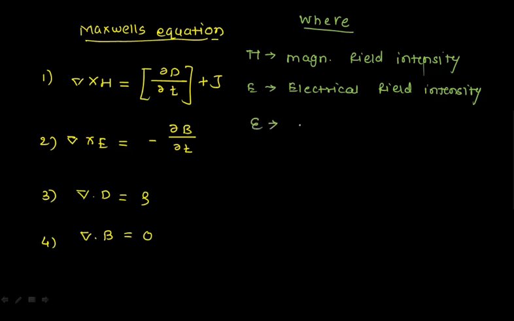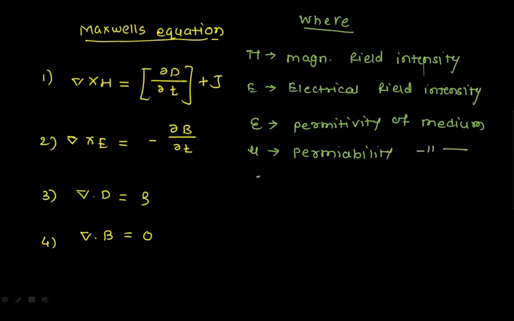That is epsilon, the permittivity of the medium. Then mu is nothing but the permeability of the medium. This rho is nothing but the electric charge density. This sigma is nothing but the conductivity.